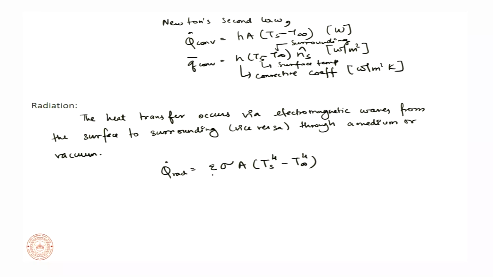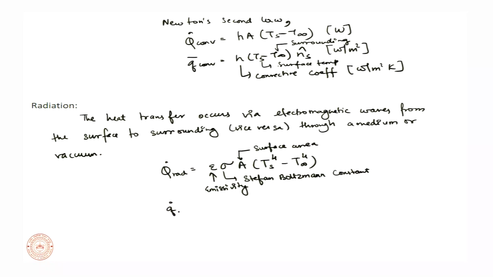Okay, where epsilon is the emissivity, it is how much radiation it can emit compared to a black body. Sigma is the Stefan-Boltzmann constant. A is the surface area, or the exposed surface area, and Ts and T infinity are again the surface temperature and the surrounding temperature.